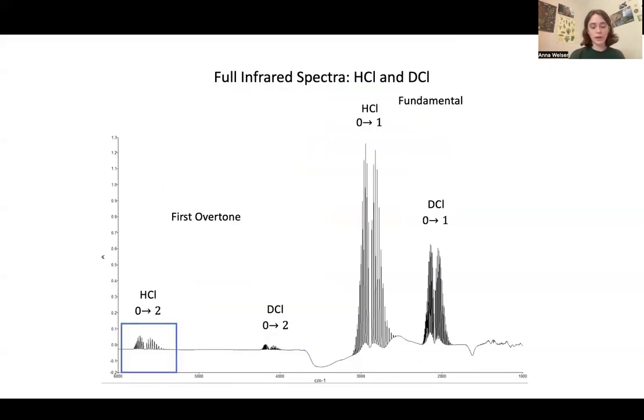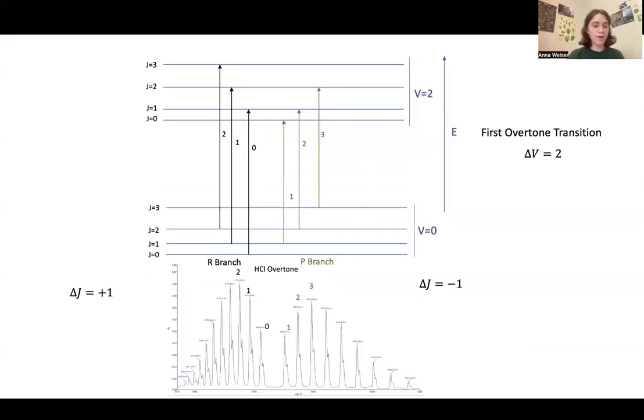Zooming back out, we can quickly look at an overtone. So here we see still an R branch and a P branch with the same relationships between J values, but instead of going from the ground state to the first excited vibrational state, the first overtone transition goes to the second excited vibrational state.